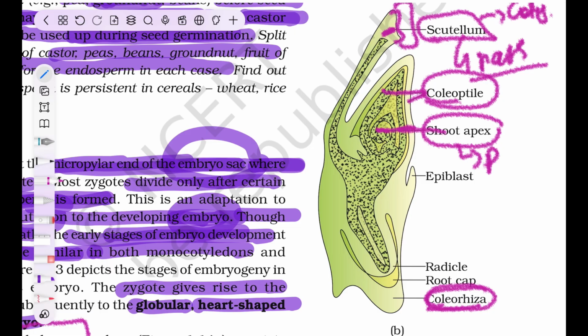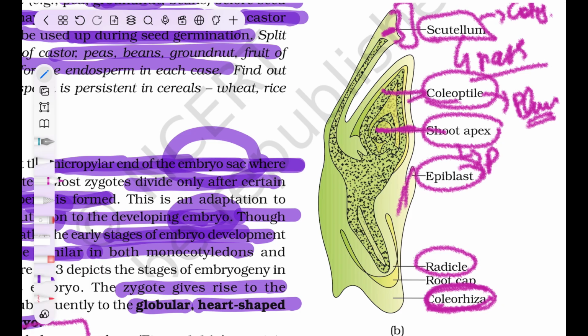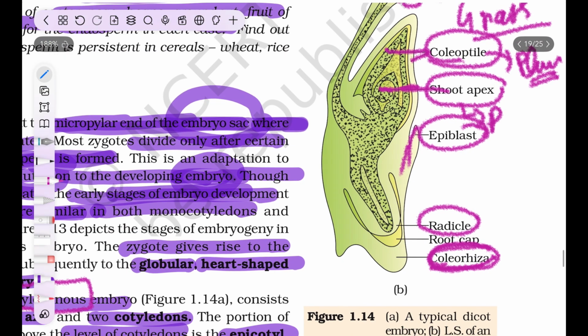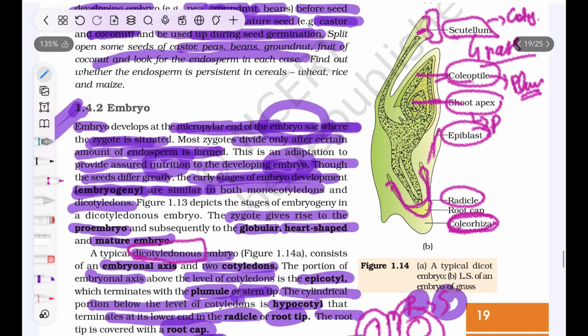The coleoptile is a protective sheath that protects the plumule, and the coleorhiza is a protective sheath that protects the radicle. The epiblast is present in between both, and this is the root cap protecting the tip of the root.